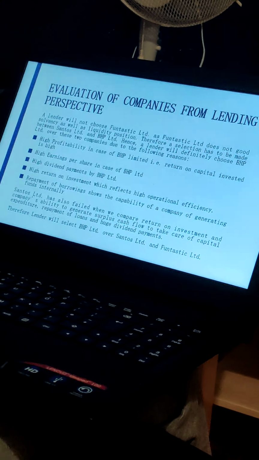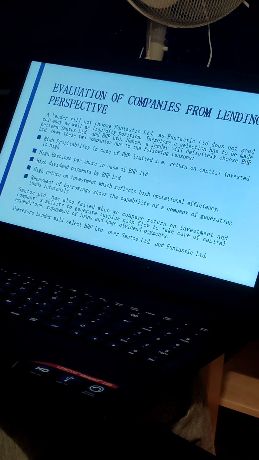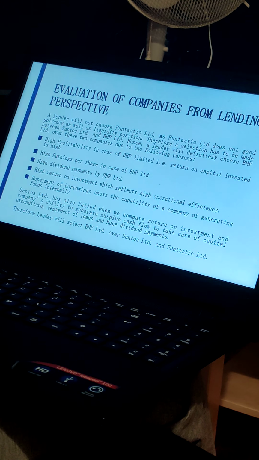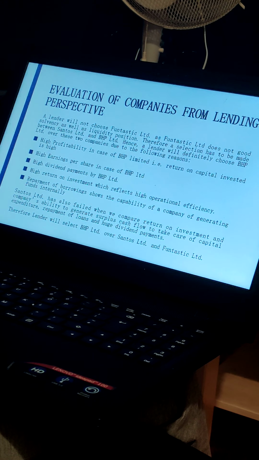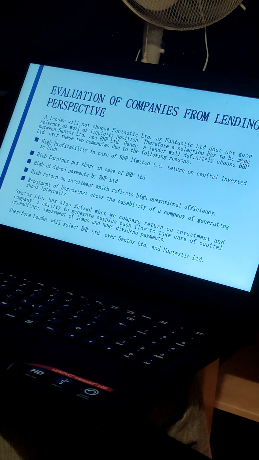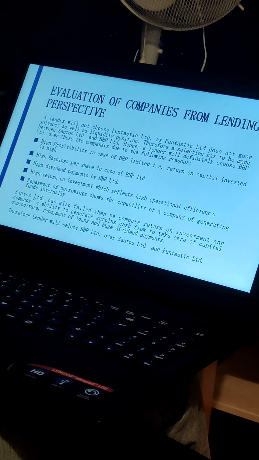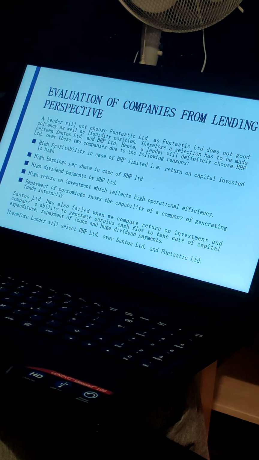Now, according to our questions, the main task in our assignment was to evaluate those companies: how they fared on profitability, on dividends, on investment, and who was the best among those three companies across all of those years.